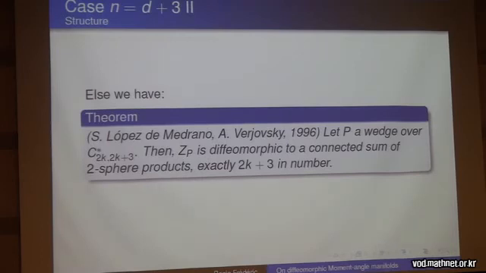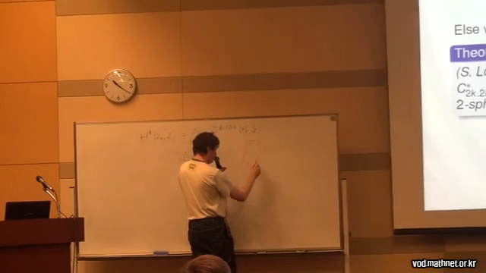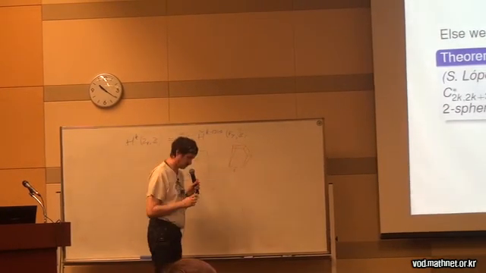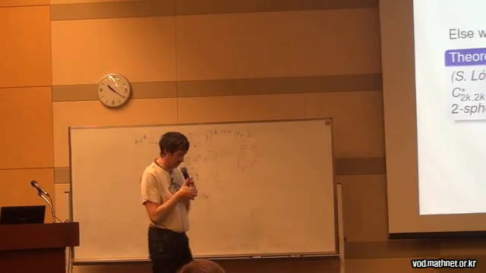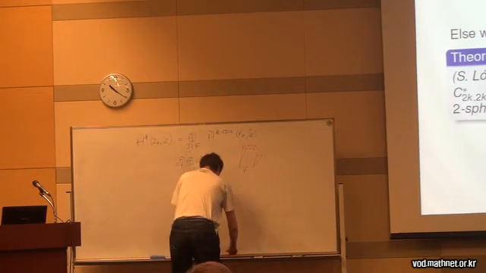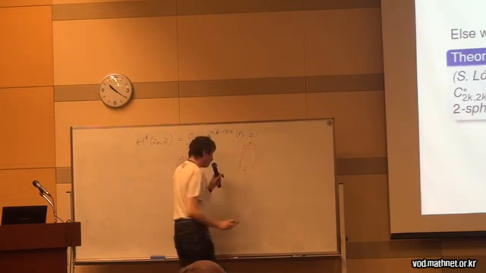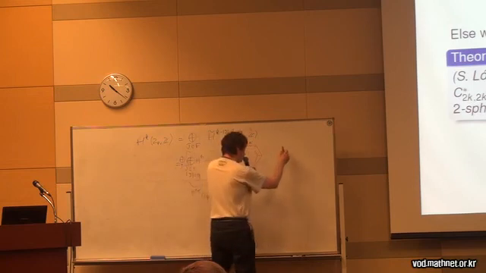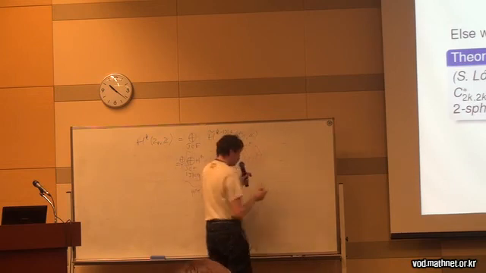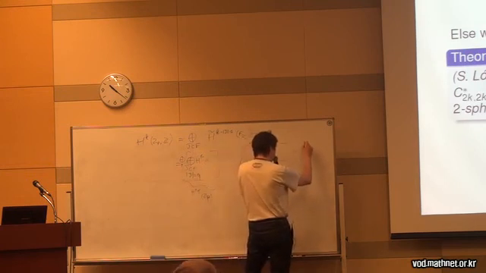Consider the wedge over this facet. We take a pentagonal book, and if we consider facet F and facet F prime, their union is just two intervals, which is homotopically equivalent to 2 points.